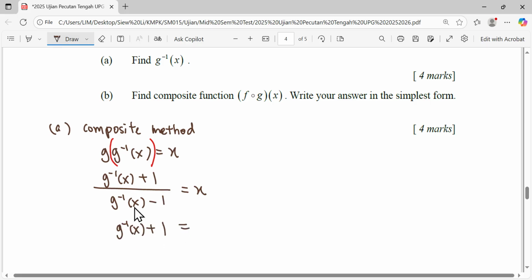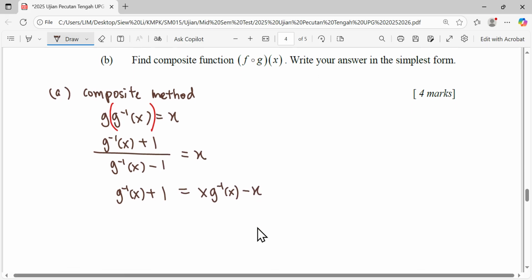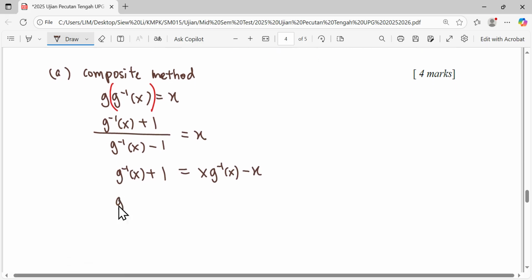Firstly, we cross multiply so that we have a one-layer equation only. We get out of this fraction. It will be x g inverse minus x. Then we gather back our g inverse terms. This one we maintain at the left hand side. This g inverse, we move it to the left hand side, and this number we move it to the right hand side.